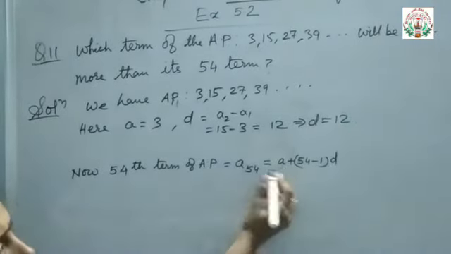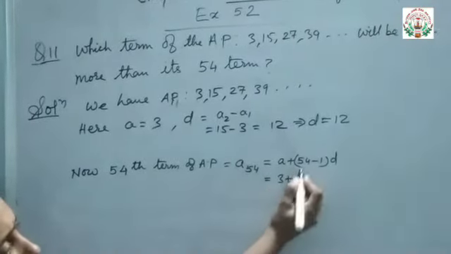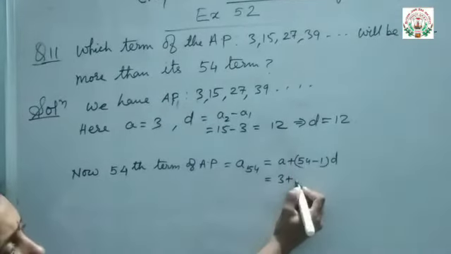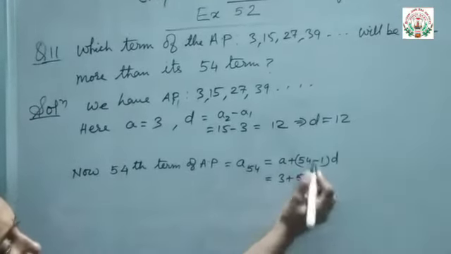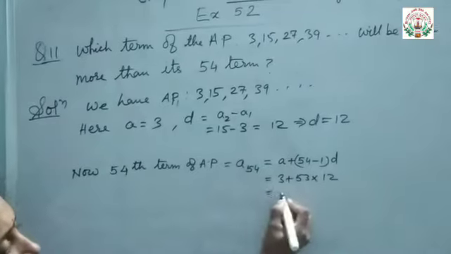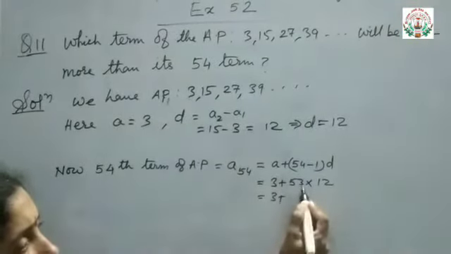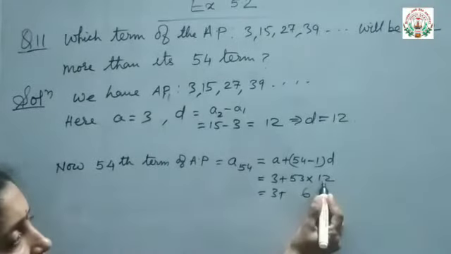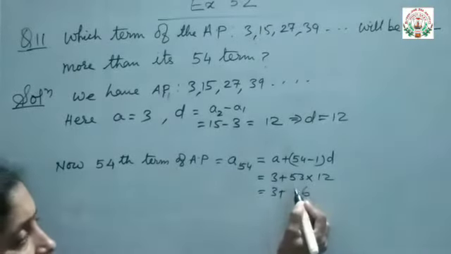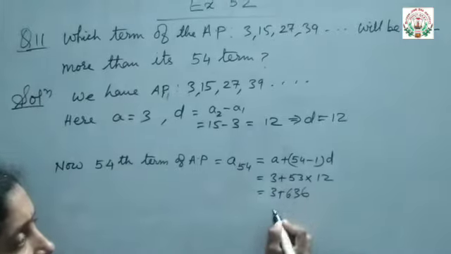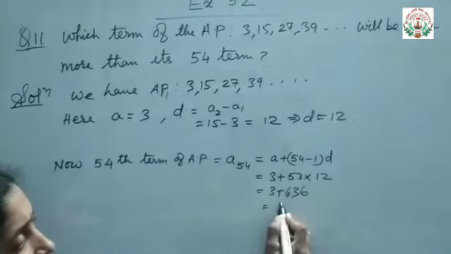What is it? A value is how much? 3 plus 54 minus 1 will be 53 into D is how much? 12. 3 plus, now 12 3s are 36, 3 carry, then 12 5s are 60, 60 plus 3, 63. So that will be equals to how much?